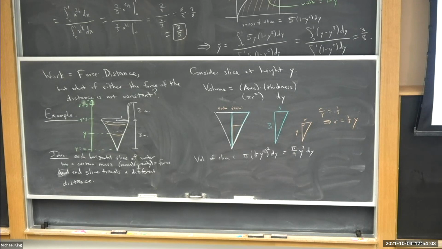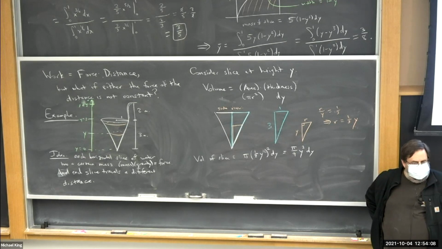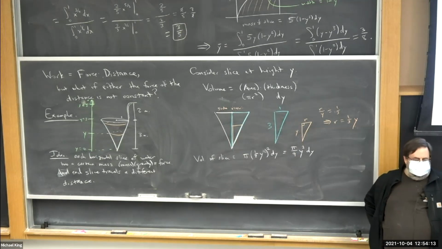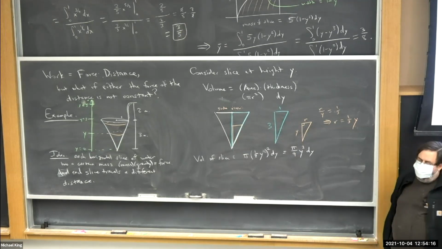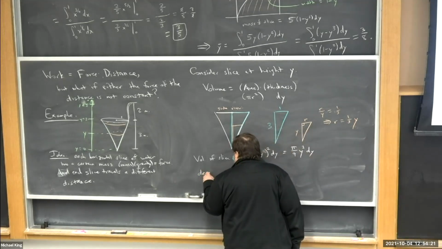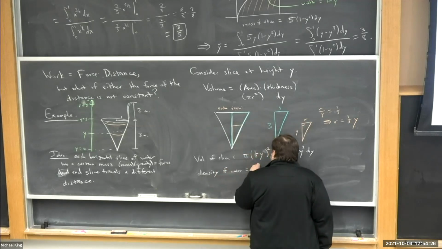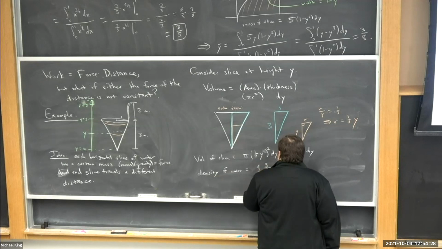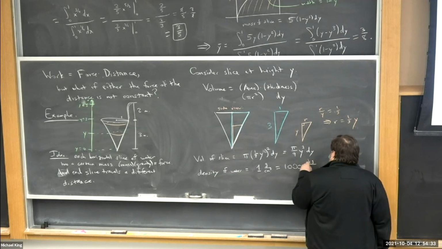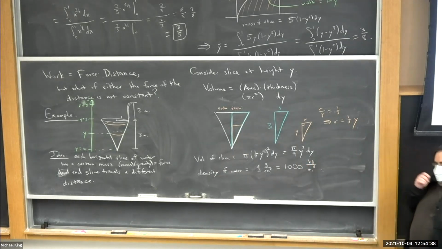We have kilograms and meters, so I think it's 1,000 kilograms per cubic meter. If you do the conversions, switching centimeters to meters and grams to kilograms, I think it works out to 1,000. So the density of water is 1 gram per cubic centimeter, or if you convert, 1,000 kilograms per cubic meter. You can check the conversions yourself.